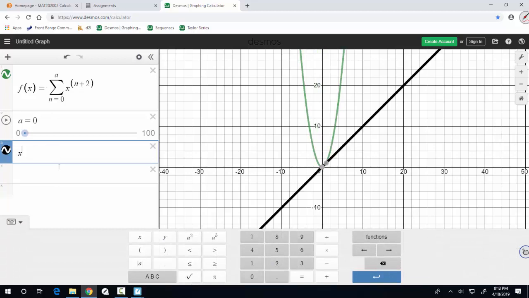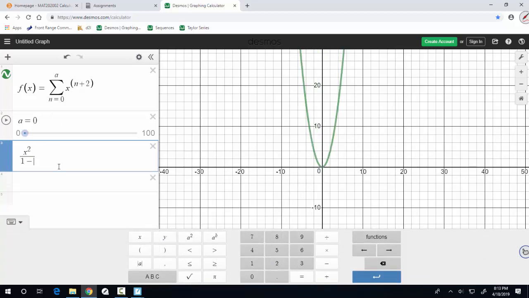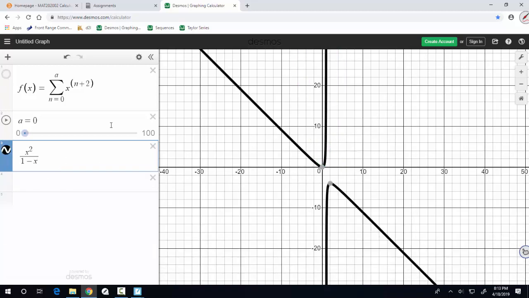And then we'll plot the function x squared over 1 minus x. So that's the sense of this function here, x squared over 1 minus x. And then we'll look at the series.